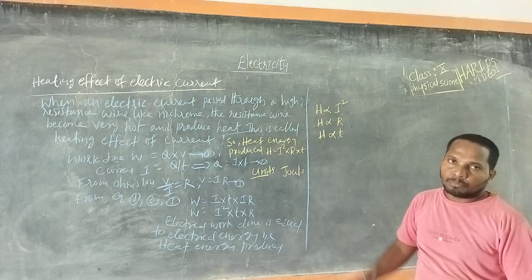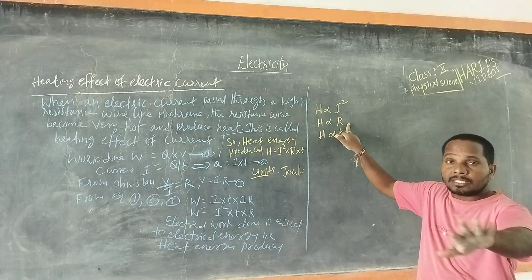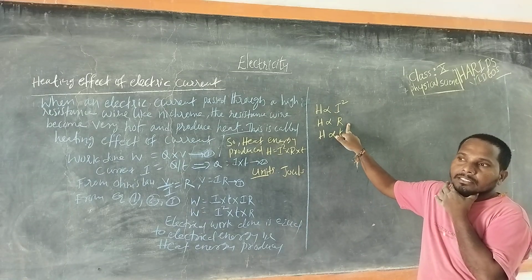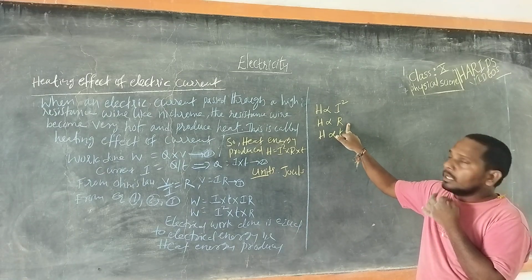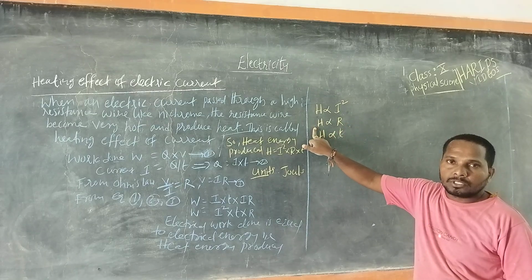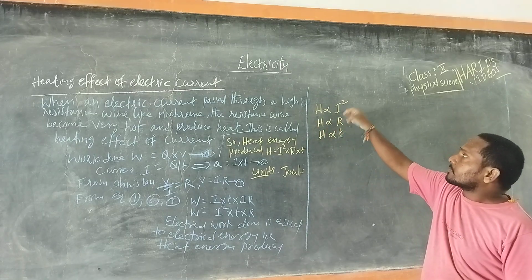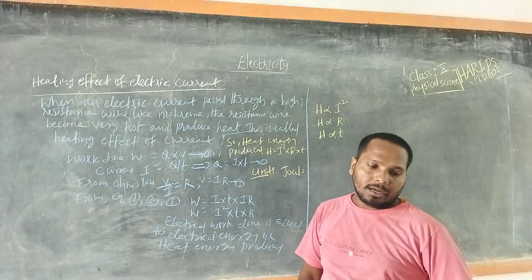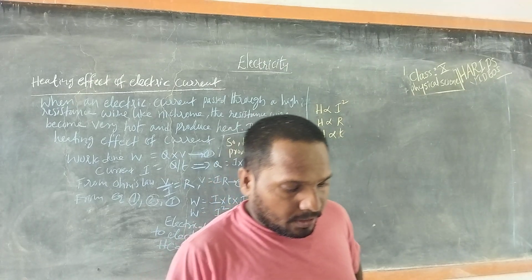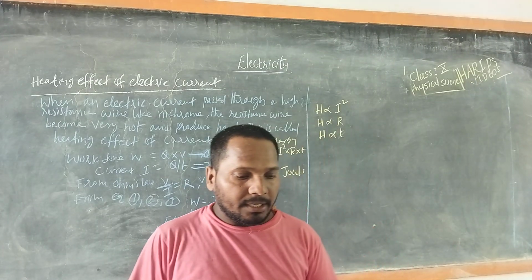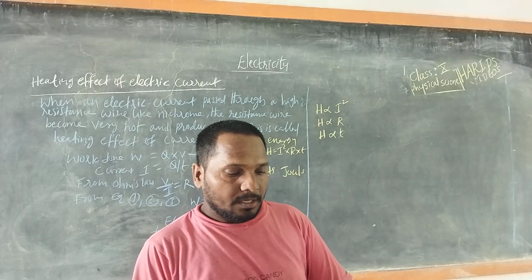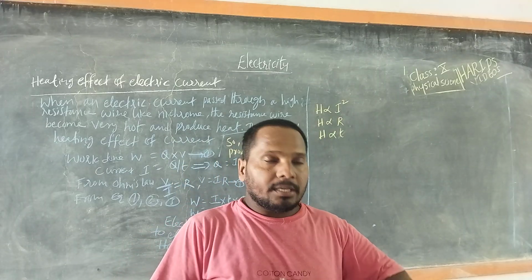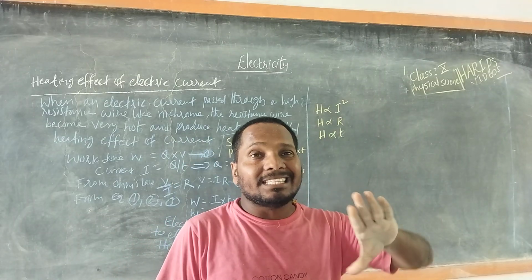If the resistance of the resistor is more, then more heat energy is also produced. If we double the current, the heat energy produced increases 4 times.